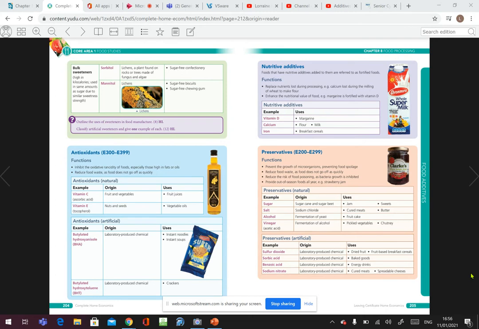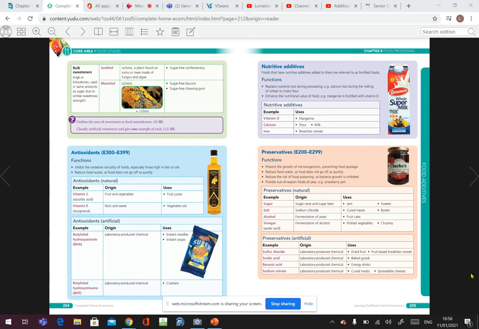So that's our natural ones. Artificial antioxidants then, so don't worry about the chemical names. BHA and BHT is fine. It's butylated hydroxyanisole and butylated hydroxytoluene, but do not worry about having to remember those.